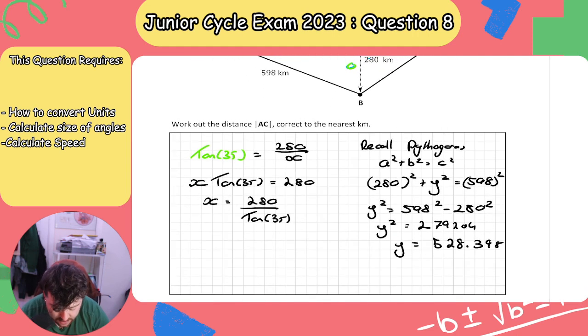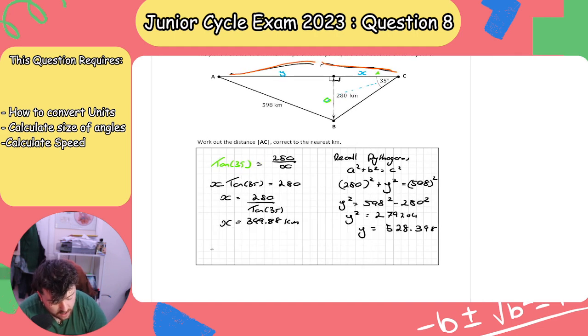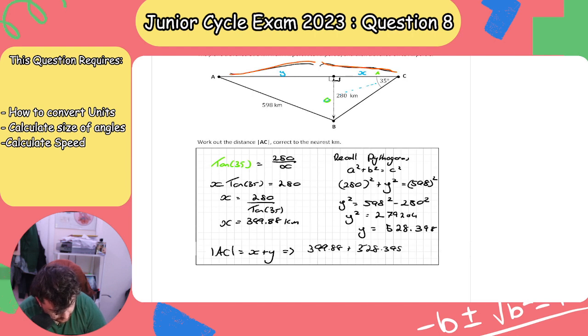And x is going to be equal to 280 divided by tan 35, which is 399.88 kilometers. So recall, AC is equal to x plus y. So it's 399.88 plus 528.398.